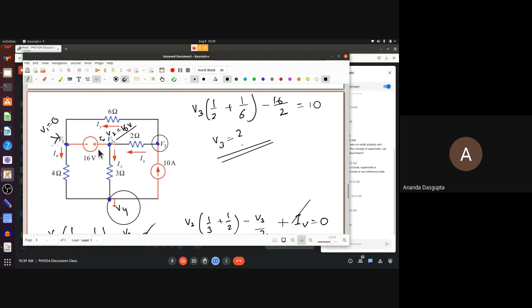Note that just because that point has been indicated as a ground doesn't mean that you have to use that as a ground. Of course, in your final answer, when I ask how much is V1, you have to quote it with respect to V4. But if you find out what V4 is, with V1 equal to 0, then finding out what V1 will be when V4 is 0 is trivial. That's just a trivial amount of shifting that you will have to do at the end. But the calculation will become a lot easier.